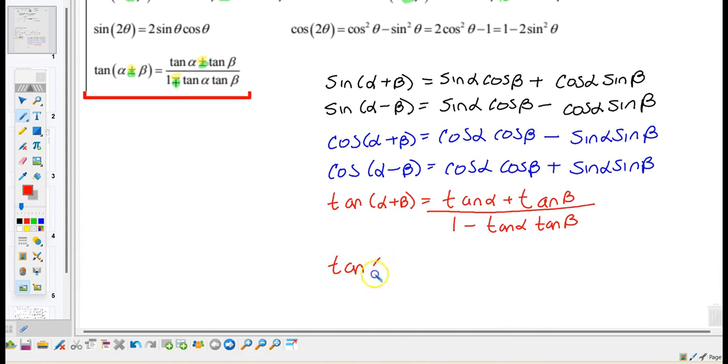And then one more. So a minus between A and B goes with a minus in the numerator. And a plus in the denominator.